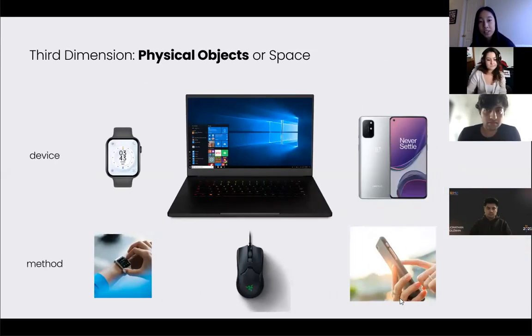Right. The third dimension is a bit more complicated, as Chinmaya talked about. It talks about physical objects or space. In this case, you have a bunch of different devices. You have your watch, your laptop, and your phone.